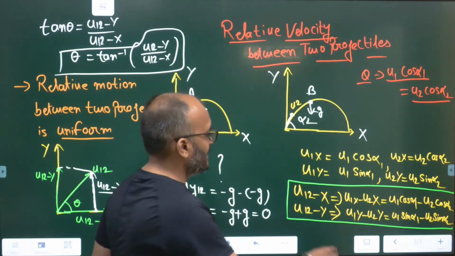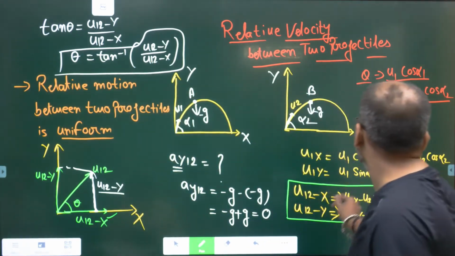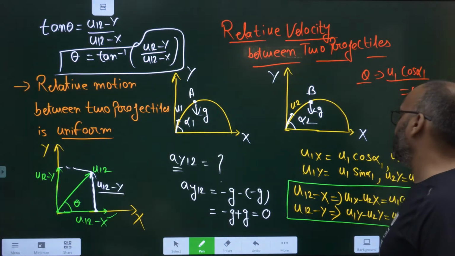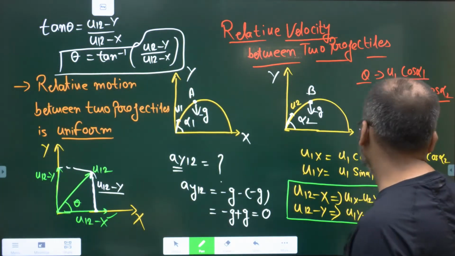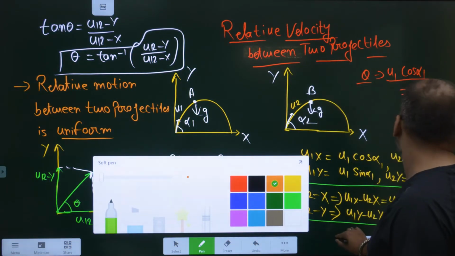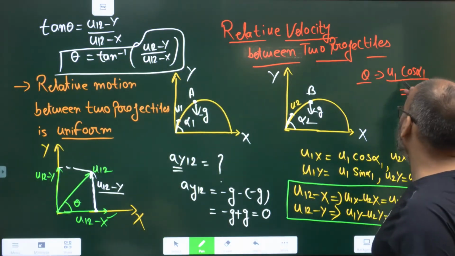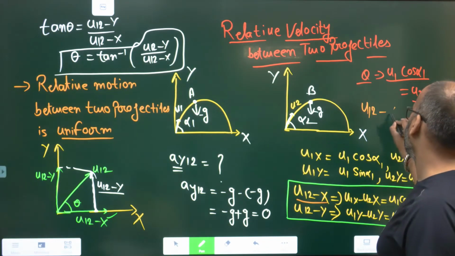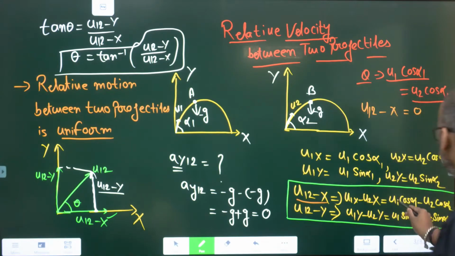See, what is the meaning of it? This means that it moves towards the y-axis. Very good. What does this mean? It means u12x is 0. Why? Because u12x is equal to u1 cos alpha 1 minus u2 cos alpha 2.